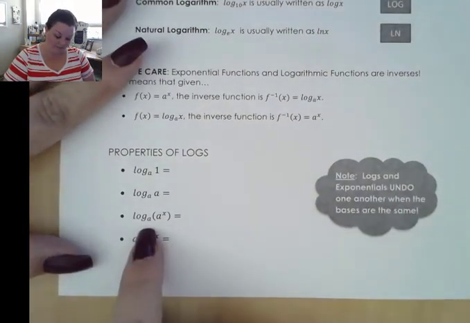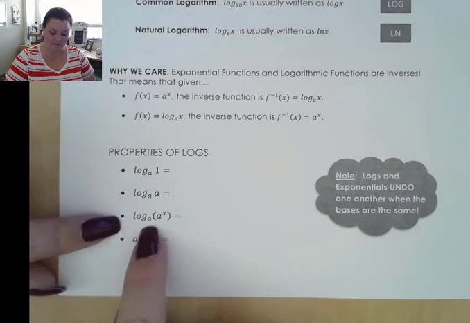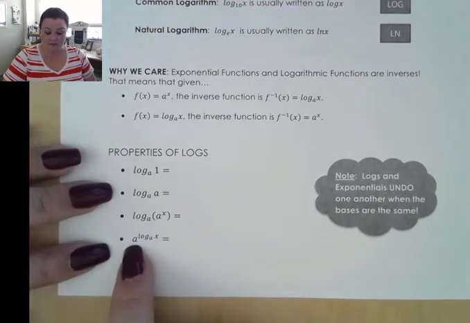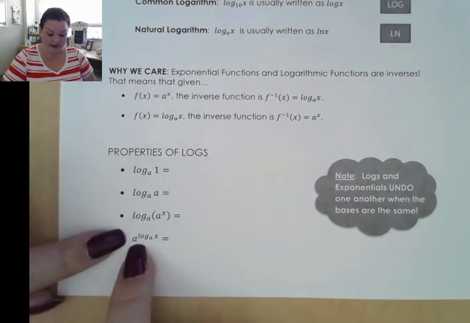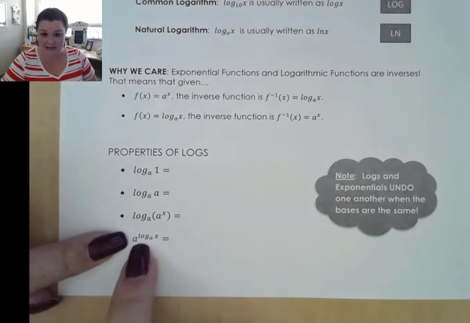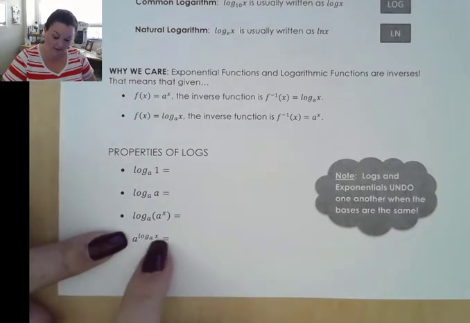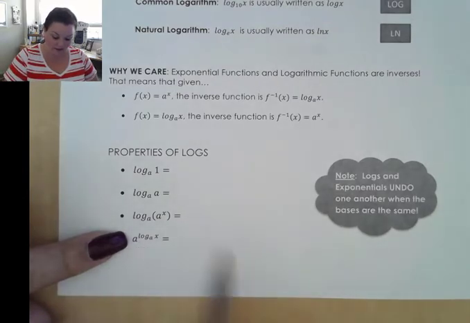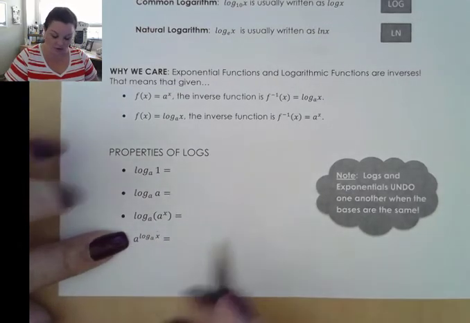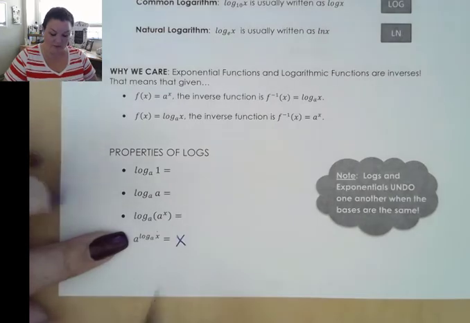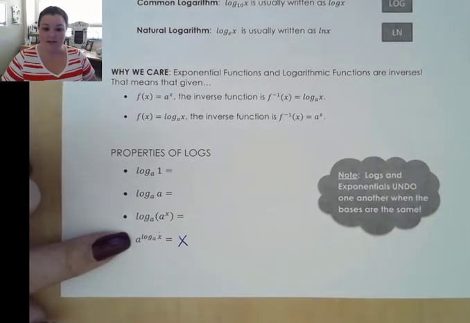I'm actually going to skip down to this. We're going to start at the bottom here. So what this means is that if I have an exponential base a, and I have a log base a up in that exponential's exponent, those will actually just cancel, and we would just be left with whatever's inside that log, okay?